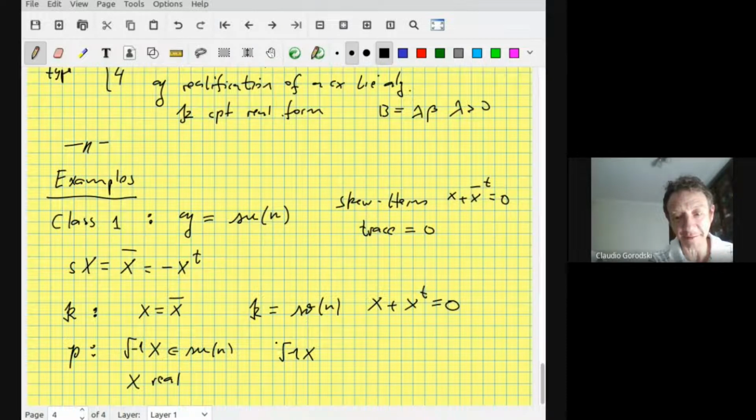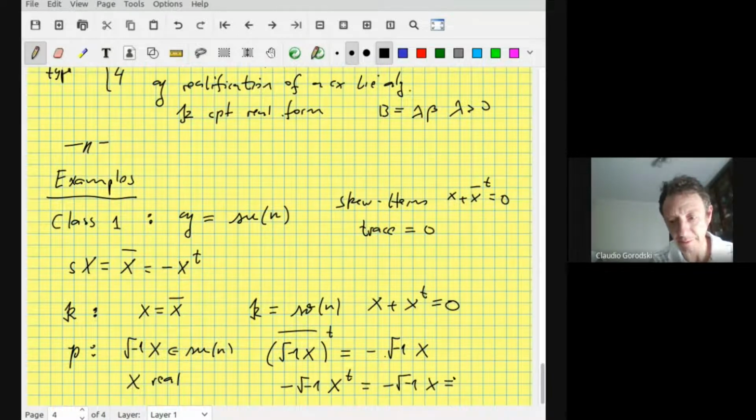It means that we take the transpose conjugate, and this is minus the matrix, right? So therefore X is real, and this shows that X must be symmetric.